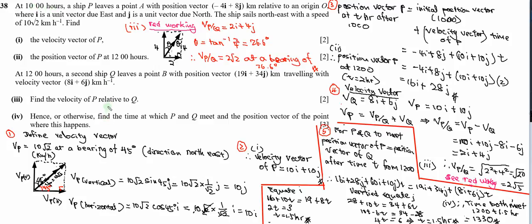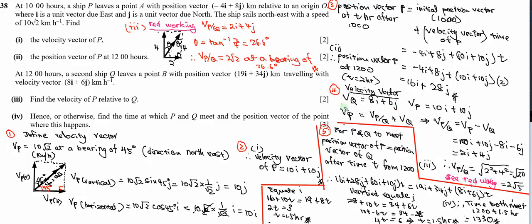Now let's look at the velocity of P relative to Q. The velocity vector VP, which we have worked out, is 10i plus 10j. For VQ, which is given, it is 8i plus 6j.